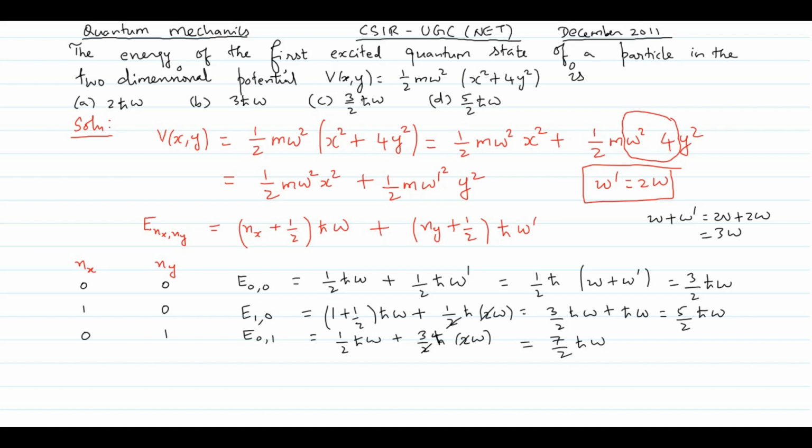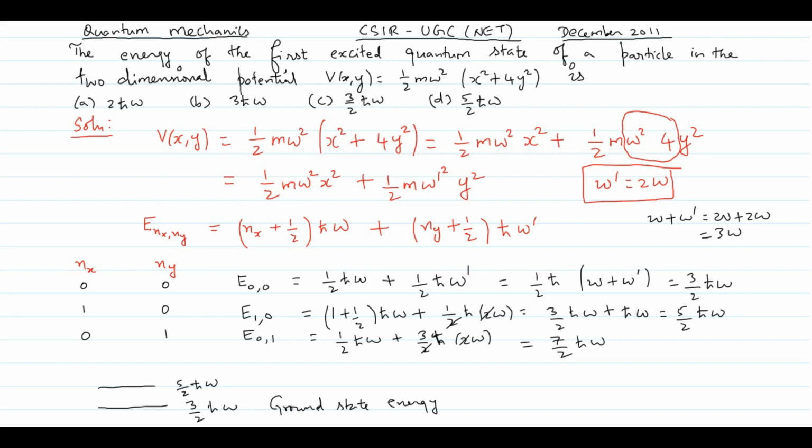So the ground state is 3 by 2 h cross omega. So this is the ground state energy. Now the next one, if you see this, is 5 by 2 h cross omega.